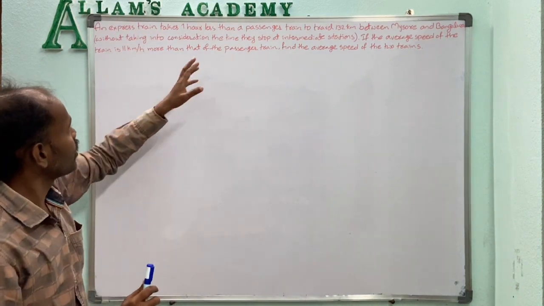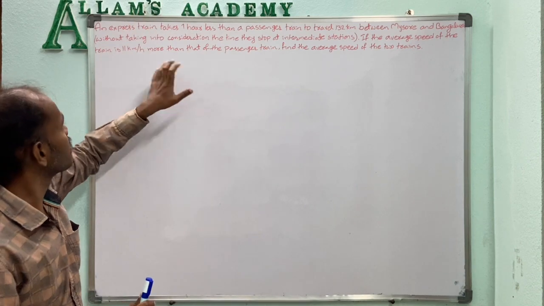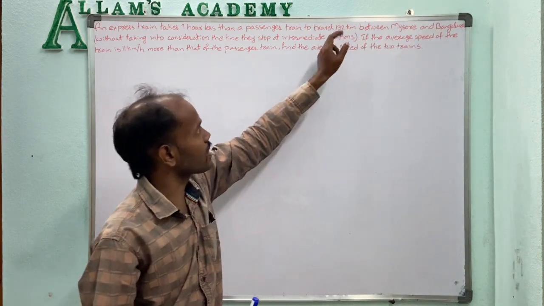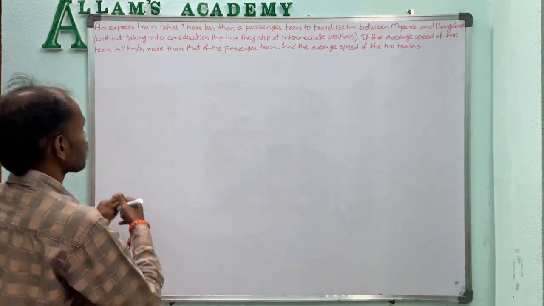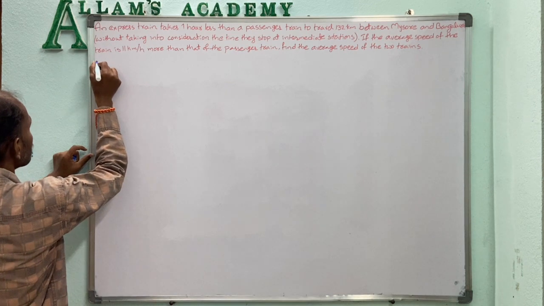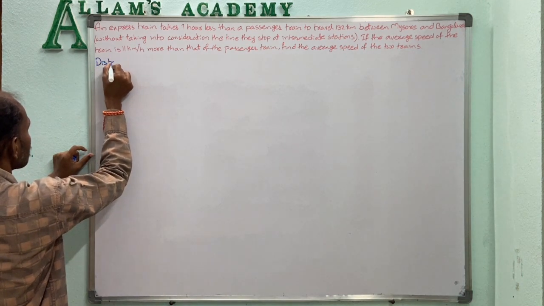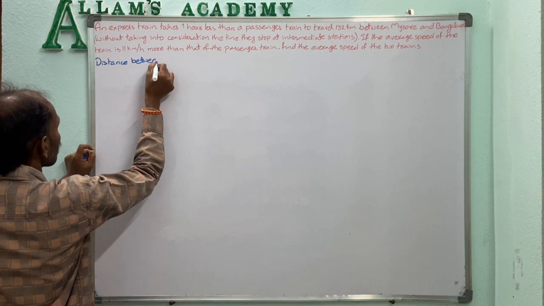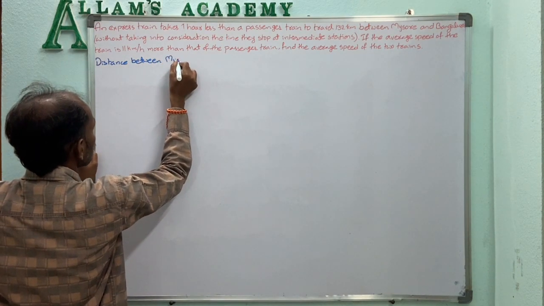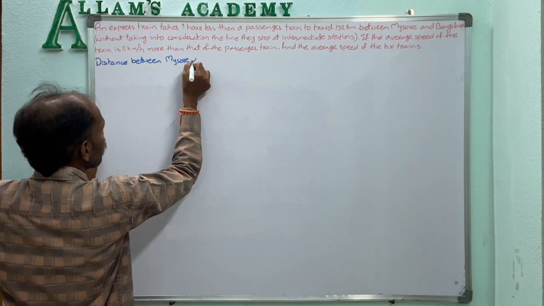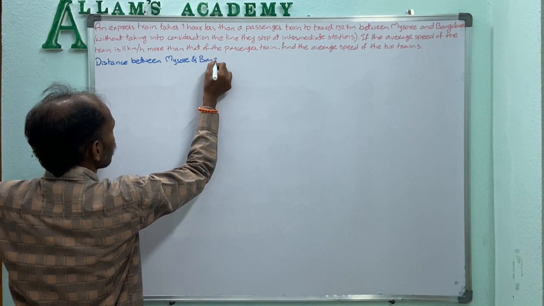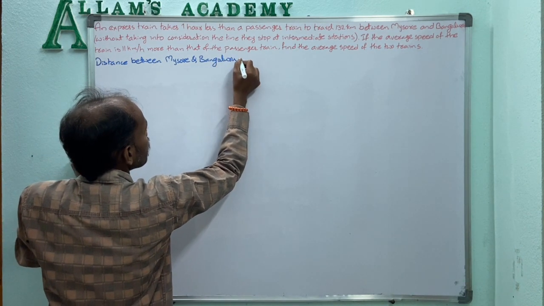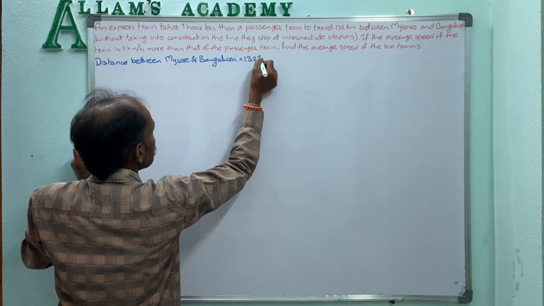So here we want to find the speed of two trains, the passenger train and the express train. Compared to the passenger train, the express train speed is 11 kilometers per hour more, and the distance between Mysore and Bengaluru is given as 132 kilometers. So the distance between Mysore and Bengaluru equals 132 kilometers.